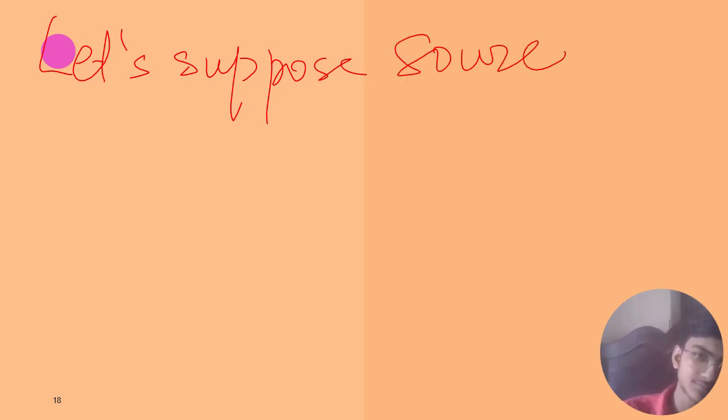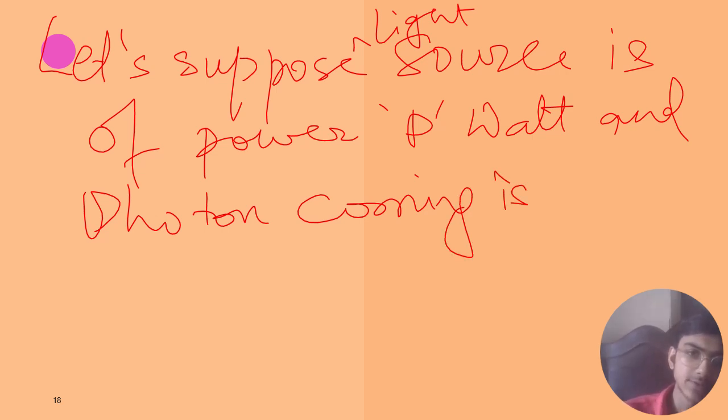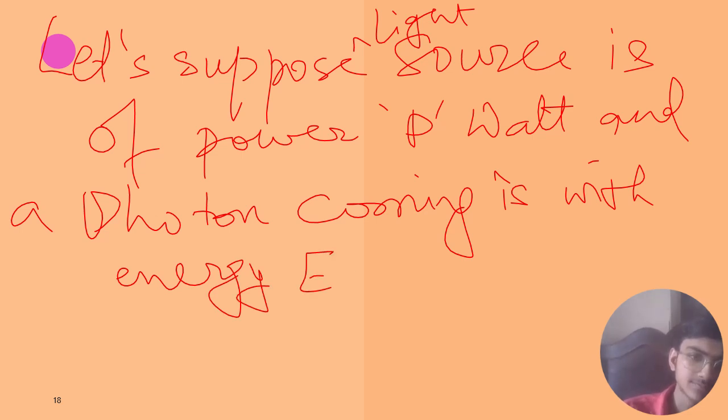Let's suppose the source is of power P watt, and the photons coming from the light source each have energy E. Now you can interpret this power: per second, it will emit P amount of energy.